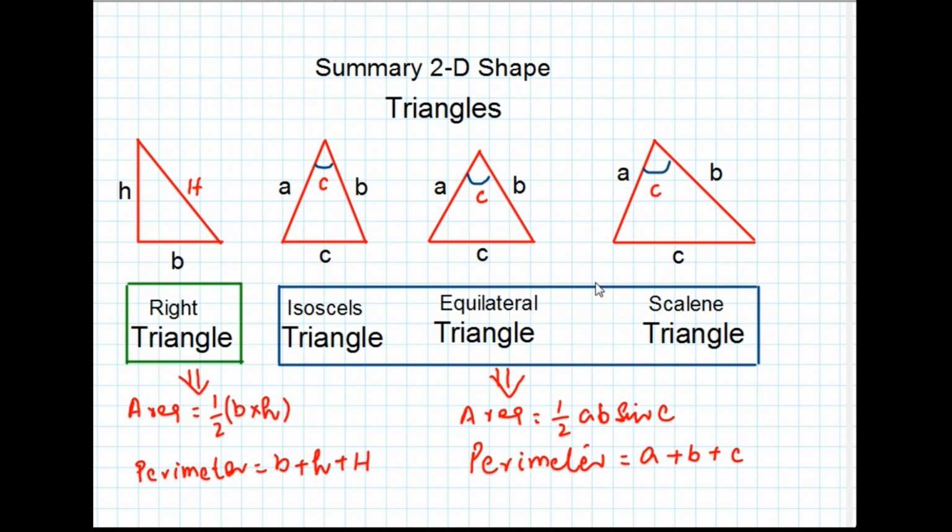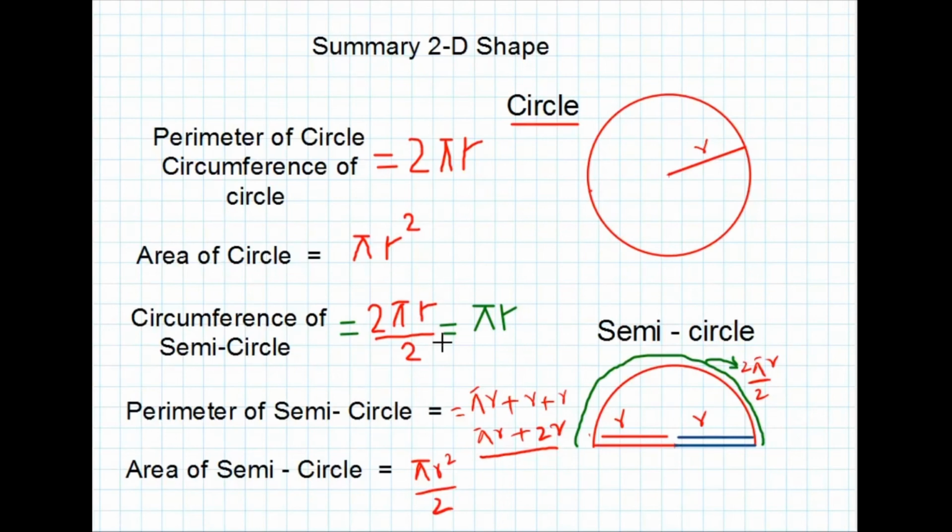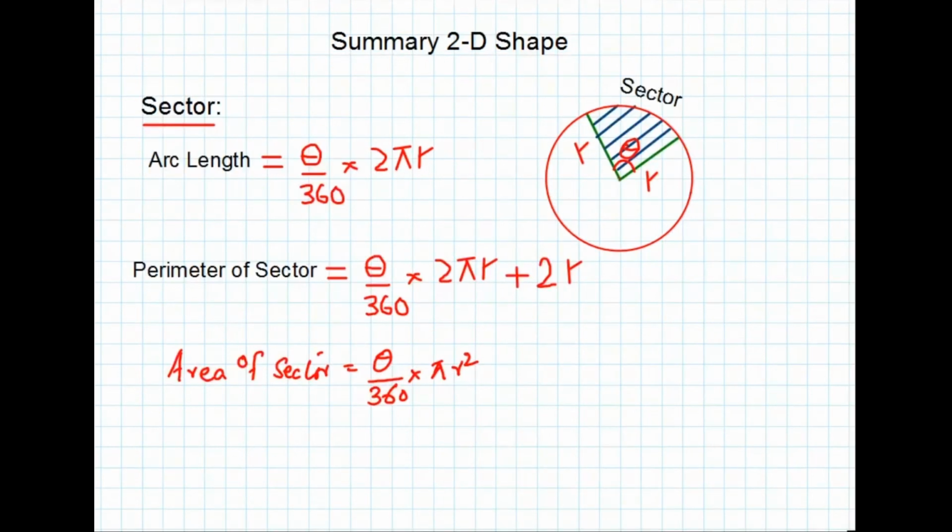Next slide is about triangles, their types and their formula. The next slide is about circle and semicircle. Next slide is about sector, arc length, perimeter of sector and area of sector.